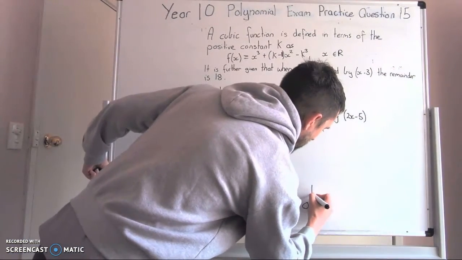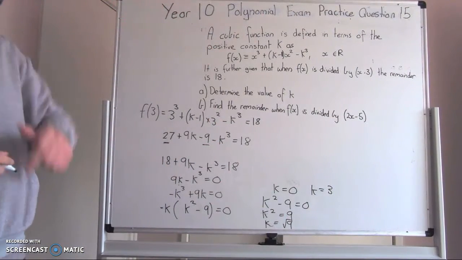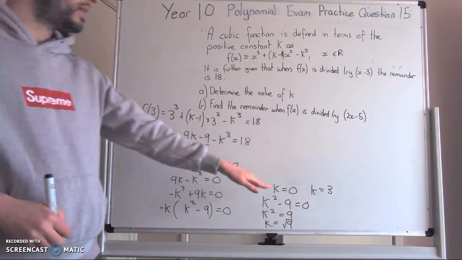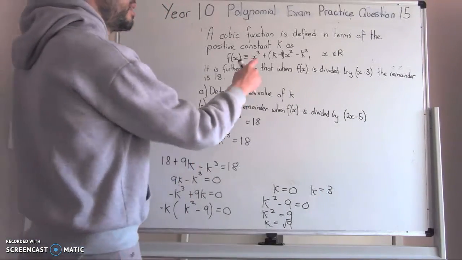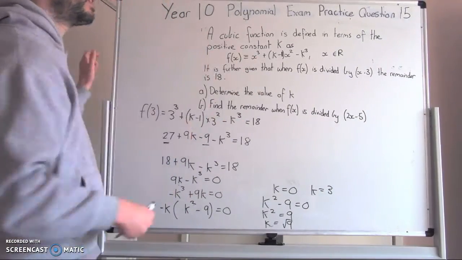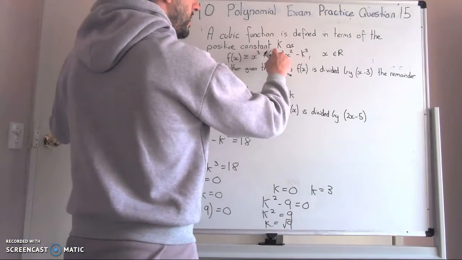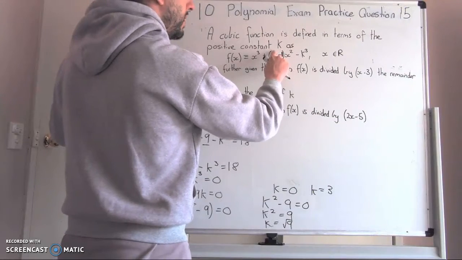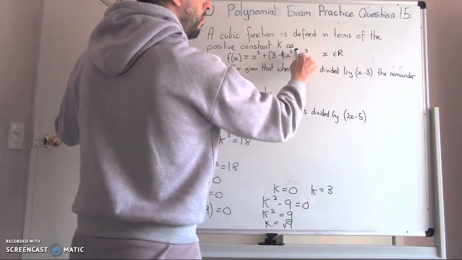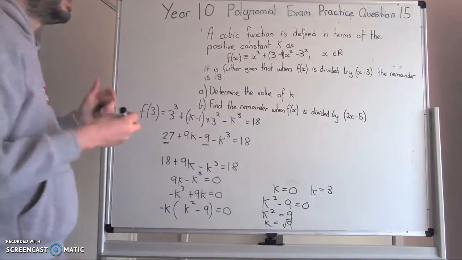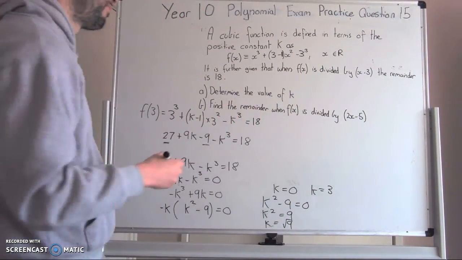So we've got two answers at the moment. But it says here, in terms of a positive constant. So 0 is neutral, so we need to look at k is 3. So straight away, that helps me out now. So I'm going to fix this question up. If k is 3, I'll take away the k and put in a 3. Now I'm going to rewrite my question so I can do the next part.